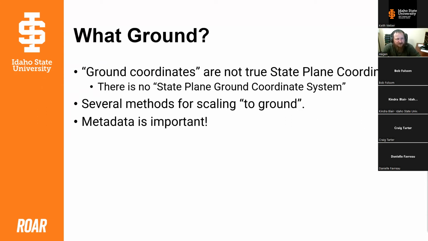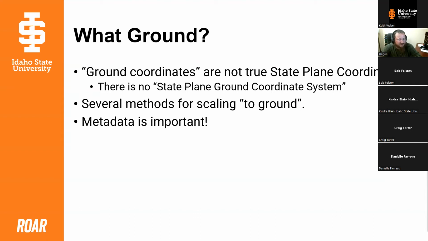And so there's really no standard ground coordinate system that you'll find, and there's no standards really guiding how surveyors scale their coordinates from grid to ground. So it's important to know a few things to store in your metadata.